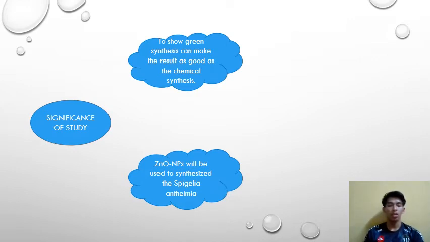The reaction between zinc nitrate and leaf extract of Spigelia anthelmia prepares the zinc nanoparticle. It will be observed whether the bandgap properties are comparable or not with the zinc nanoparticle via chemical synthesis.